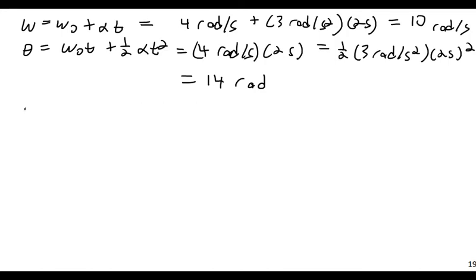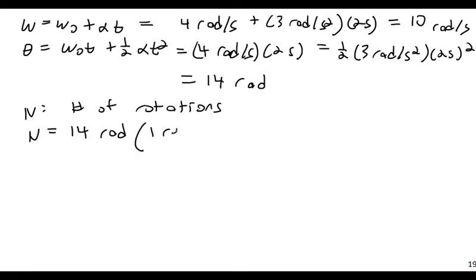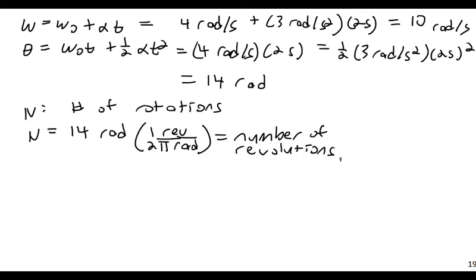Then let n be the number of revolutions. n equals 14 radians times 1 rev over 2 pi radians. Doing that simple multiplication, n is equal to 2.23 revolutions.